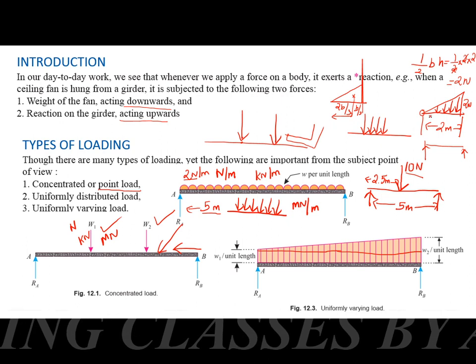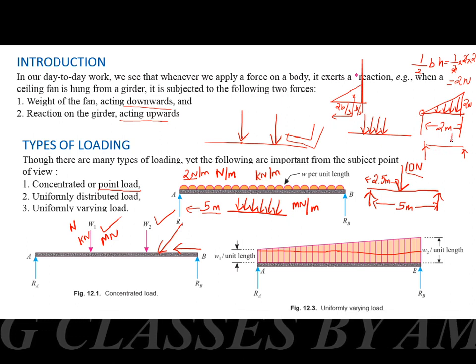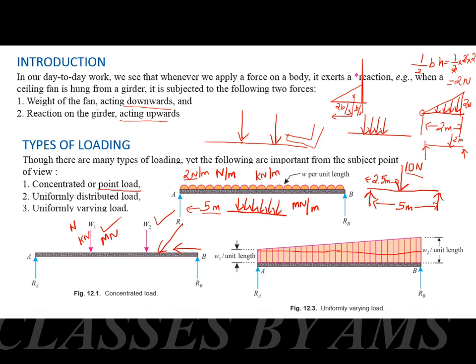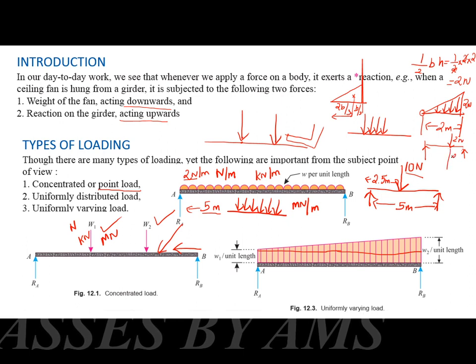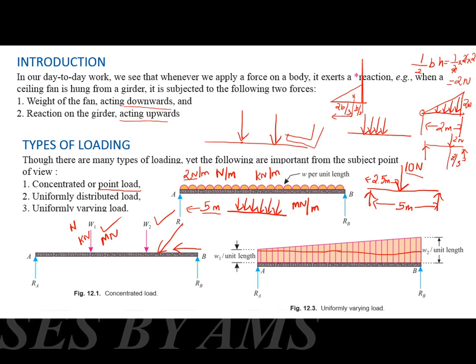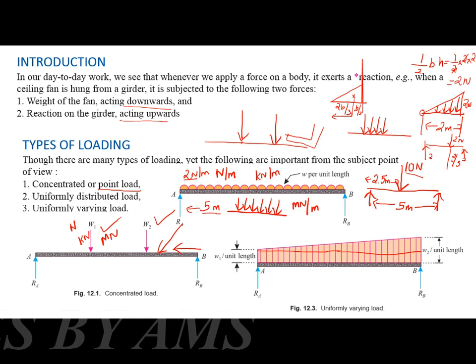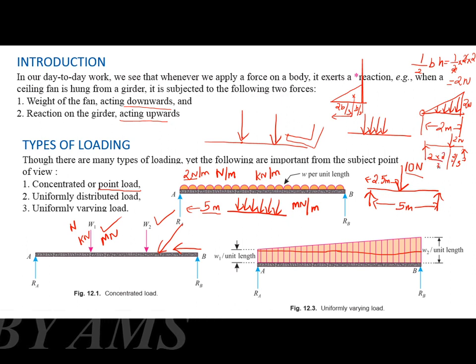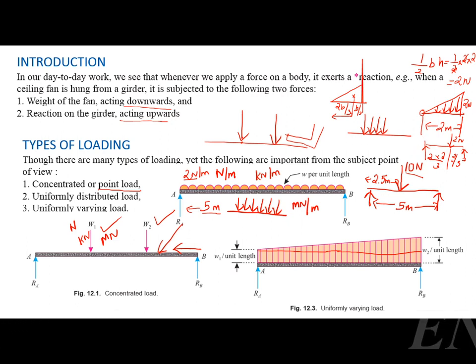So we will be representing it with a point load having 2 Newton at a distance 2 by 3 from the right end, or 2 into 2 by 3 from the left end. This is how we will be replacing a uniformly varying load.